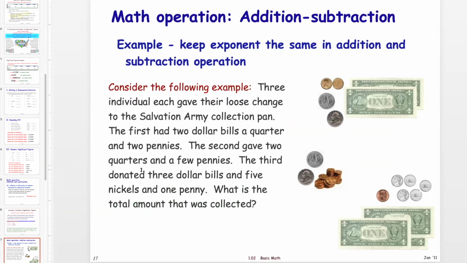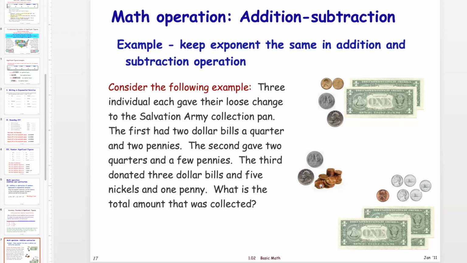Suppose someone gives you some change. Okay, some panhandler is collecting money, and the first person here gives them $2.52. Okay, that's pretty precise. You can get that exact number. Another person gives them $3.26. Okay, and then another one gives them 50 and a few pennies here.